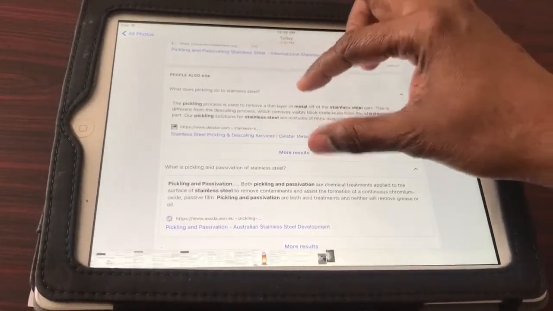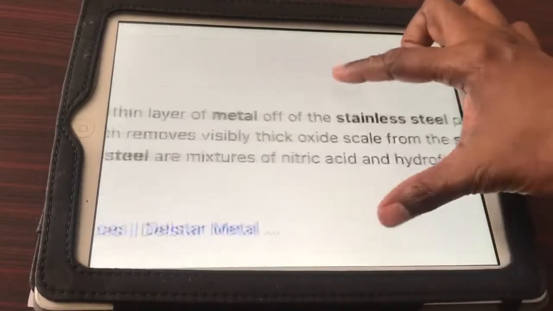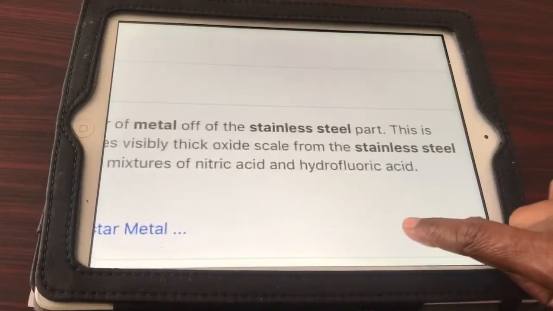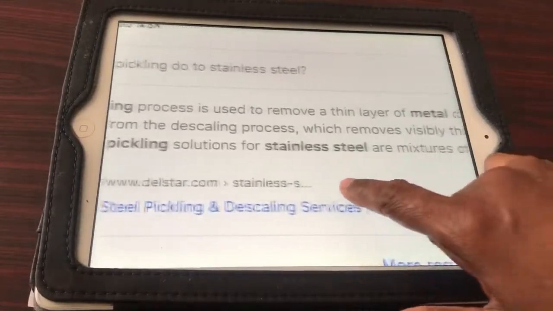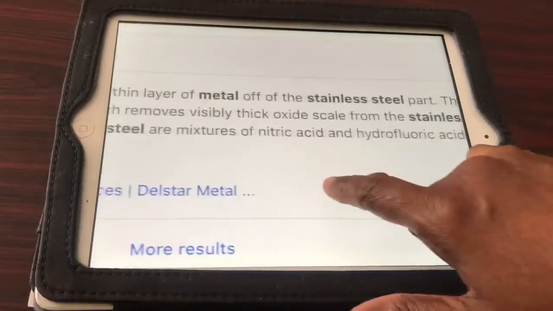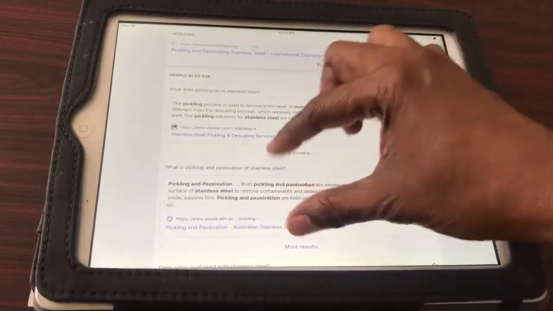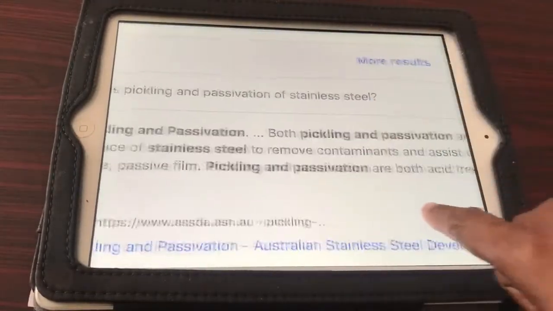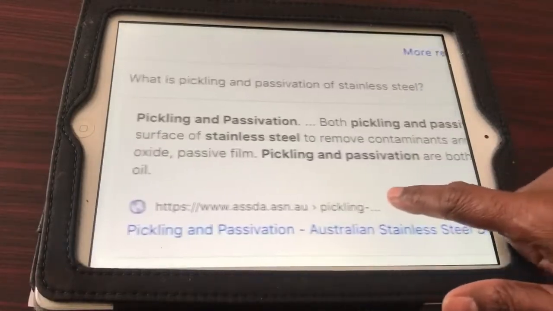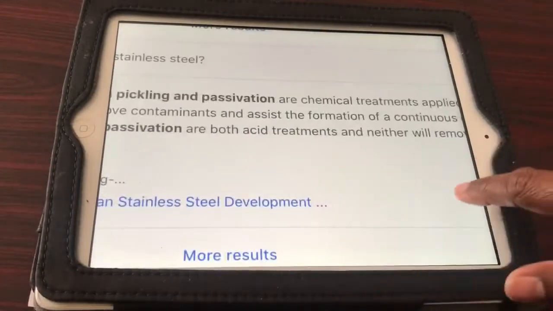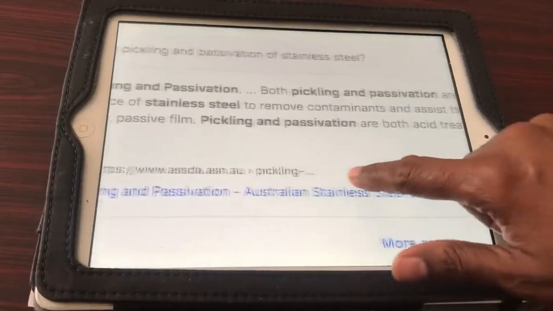What is pickling? The pickling process is used to remove a thin layer of metal off of the stainless steel part, and it is different from the descaling process, which removes visibly thick oxide scale. Both pickling and passivation are chemical treatments applied to the surface of stainless steel to remove contaminants and assist the formation of a continuous chromium oxide passive film.